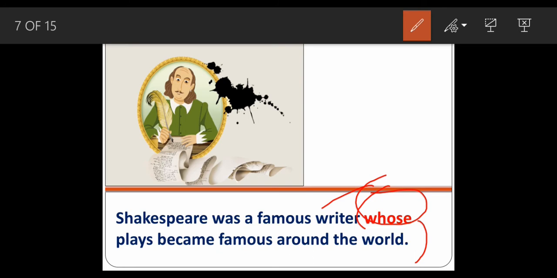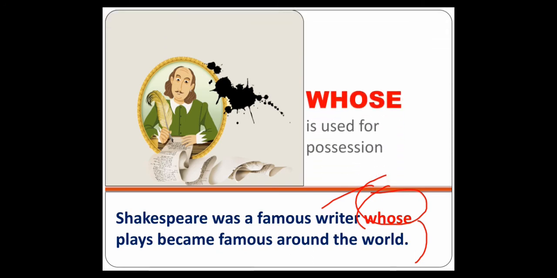Now please pay attention to whose. We use whose for possession. Now possession means that someone owns something or someone possesses something. So here we have famous writer whose plays.